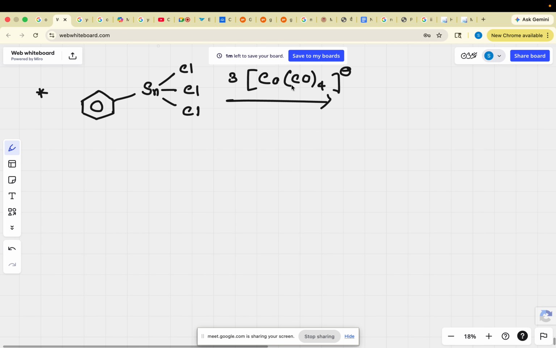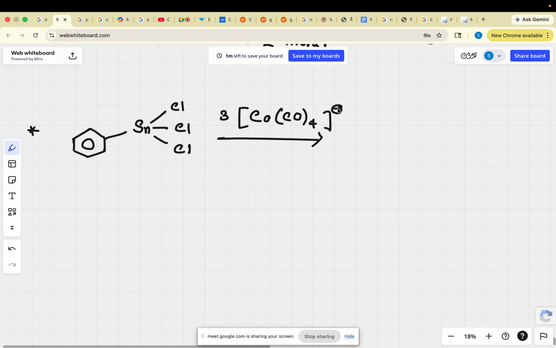So what will happen? Basically if you have a negative charge, that means it is on the metal center, so that will attack. This negative charge will attack on the tin center, and chlorine is a good leaving group, so it will leave from here. So basically you will get a compound like this.